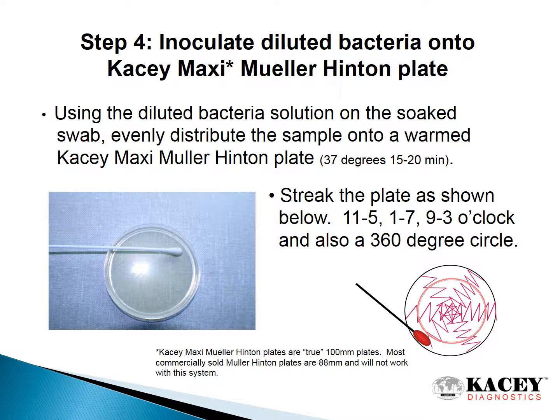Streak the plate as shown below: 11 to 5, 1 to 7, and 9 to 3 o'clock, and also a 360-degree circle for full saturation. Please note that Kacey Maxi Mueller-Hinton plates are true 100 millimeter plates. Most commercially sold Mueller-Hinton plates are 88 millimeters and will not work with this system.